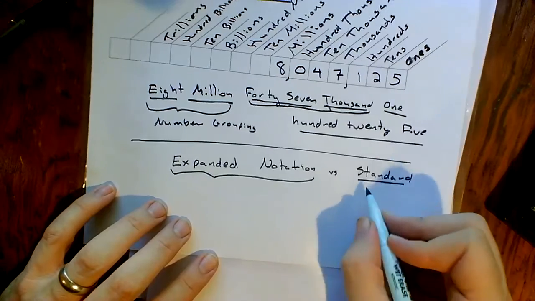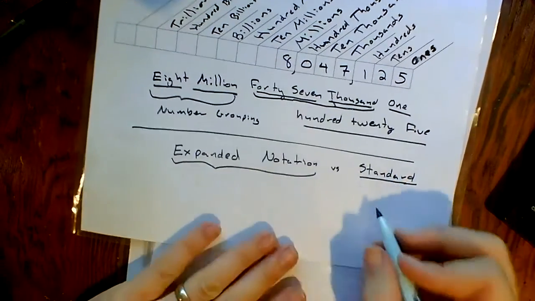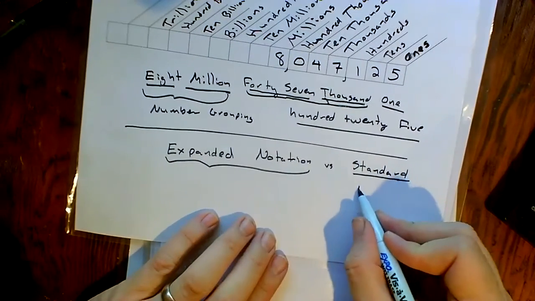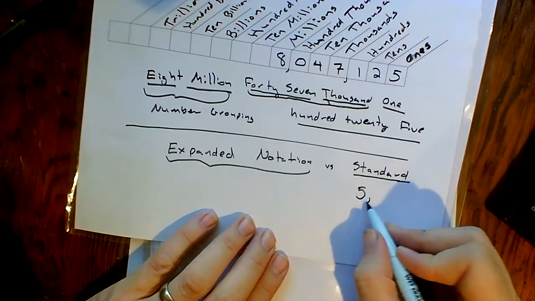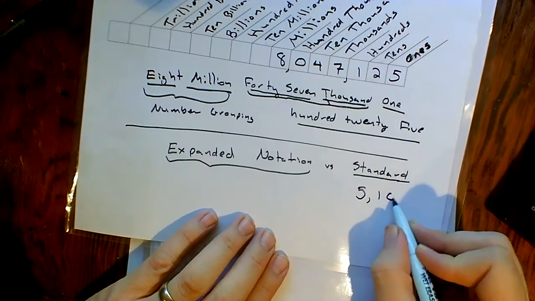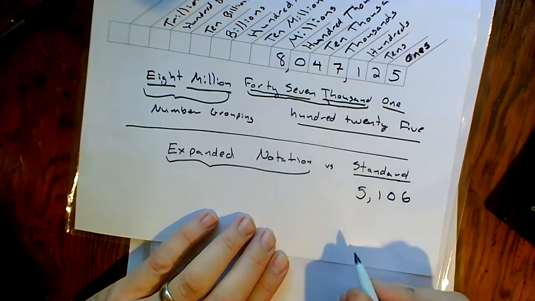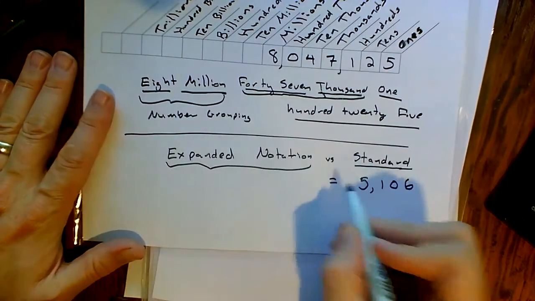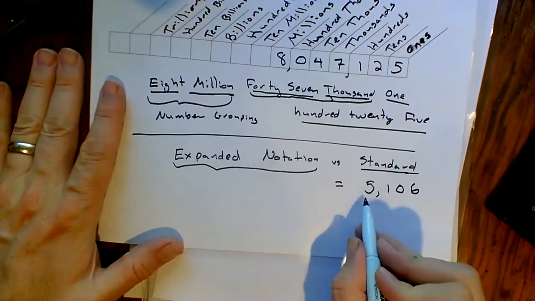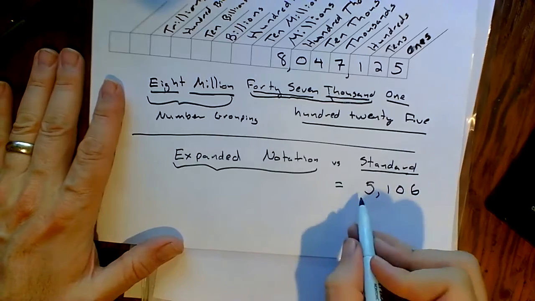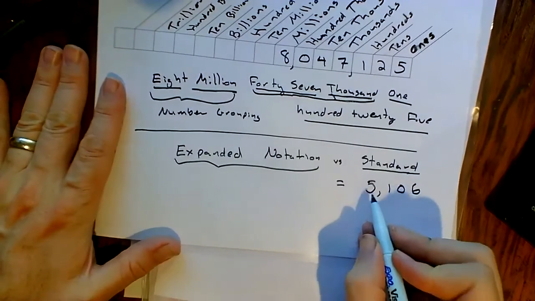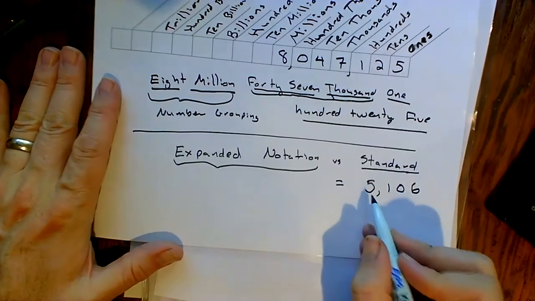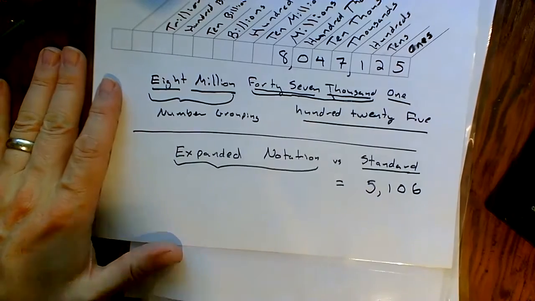So for a standard notation, I could have something like 5,106. If I were to write this in expanded notation, we'll use all of these digits, and I'm only going to include the places that don't have a 0 in them.